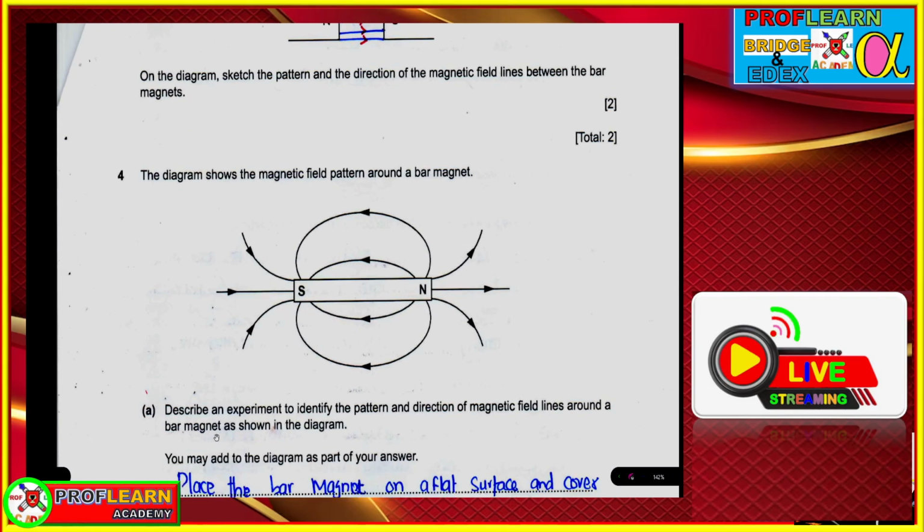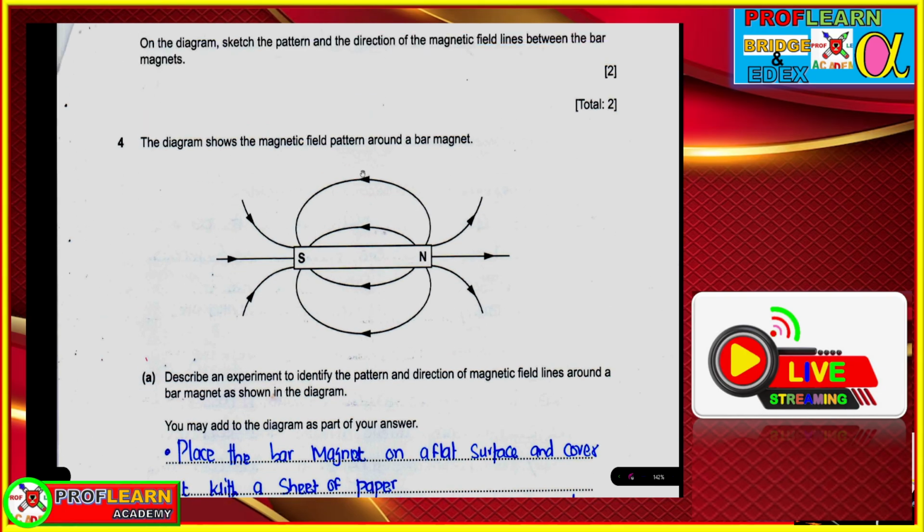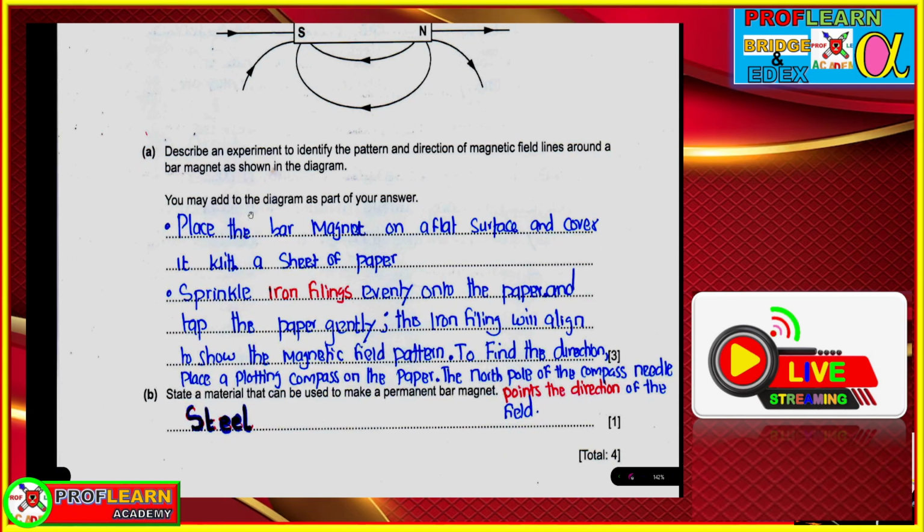Number 4, you are told to describe an experiment to identify these magnetic field patterns. You are given a question like this. We are told this is the magnet with a north and south pole. What experiment can you use to identify this magnetic field pattern? In this case, we are going to use what we call iron filings. So we are going to place the magnet on a flat surface.